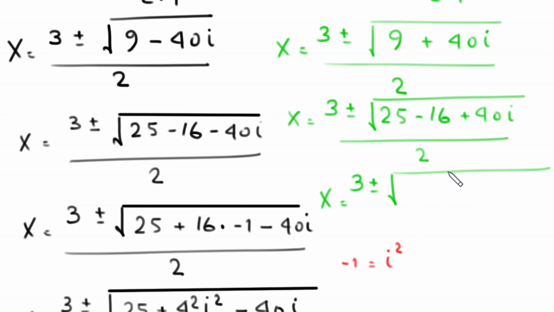And x will be equal to 3 plus minus the square root of this 25 remains same, 25, and negative 16 can be written as plus 16 times negative 1 plus 40i divided by 2.